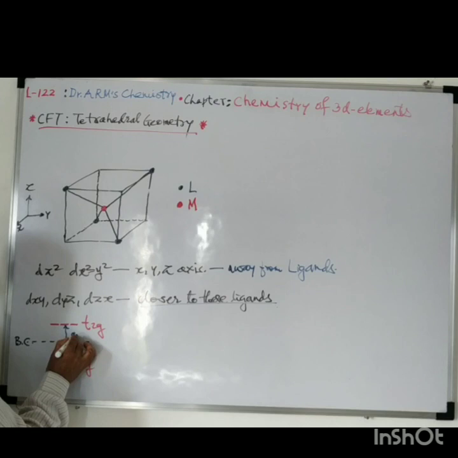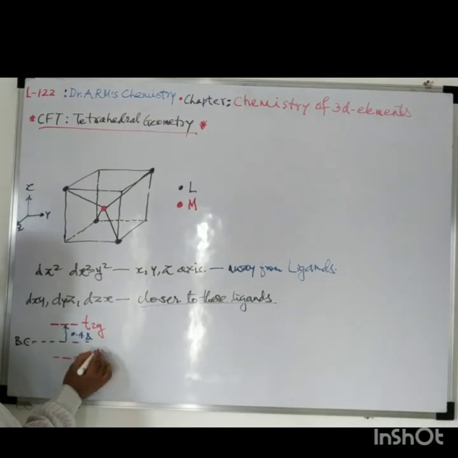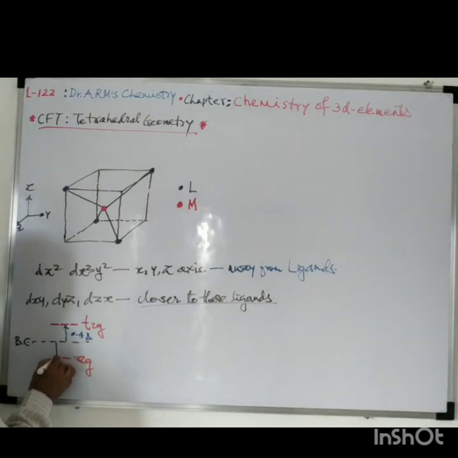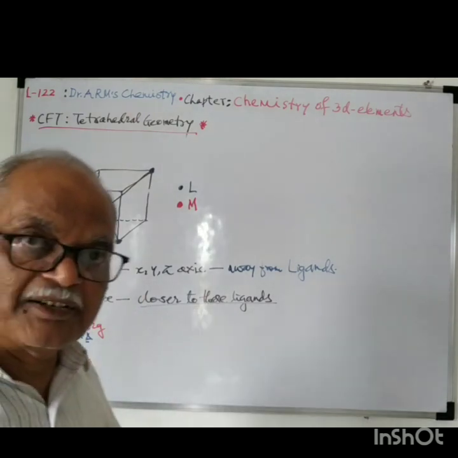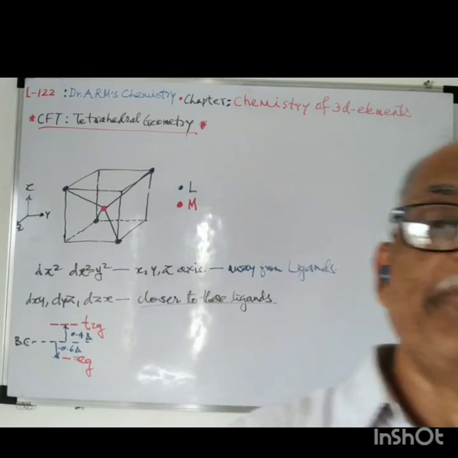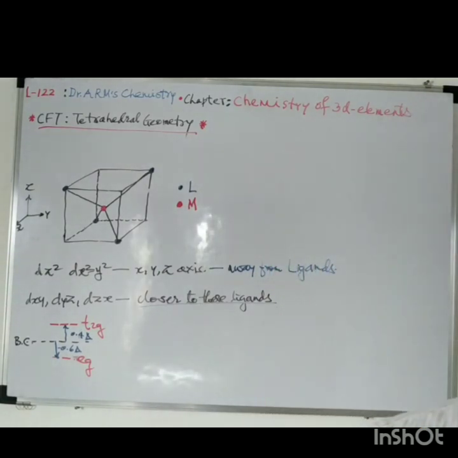So this is plus 0.4 delta, and this is minus 0.6 delta. So this is also reversed compared to that in the case of octahedral structures.